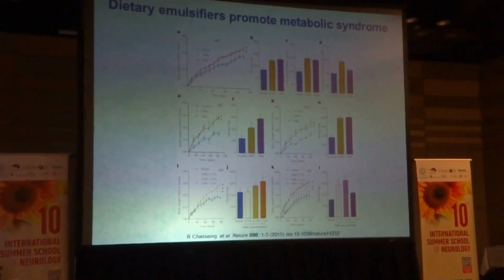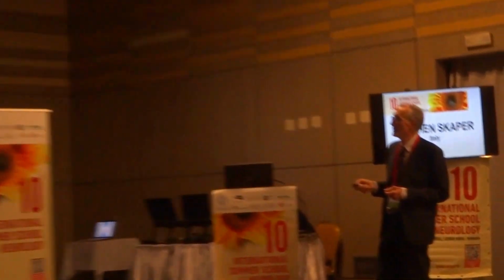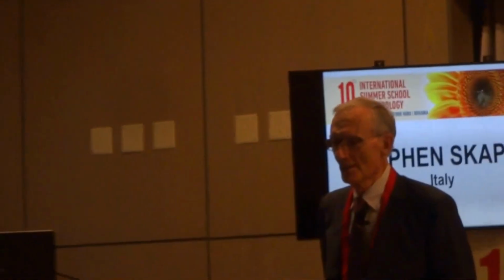Why emulsifiers? They looked at two very common ones, polysorbate 80 and carboxymethylcellulose. They are used very often in processed foods. And these emulsifiers given to rats provoke various aspects that one would find in metabolic syndrome.